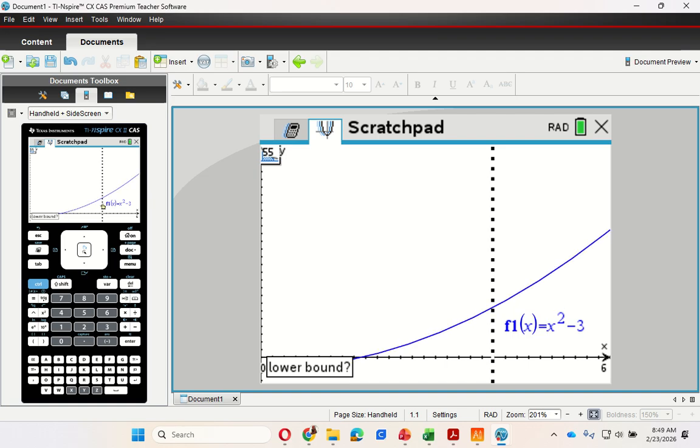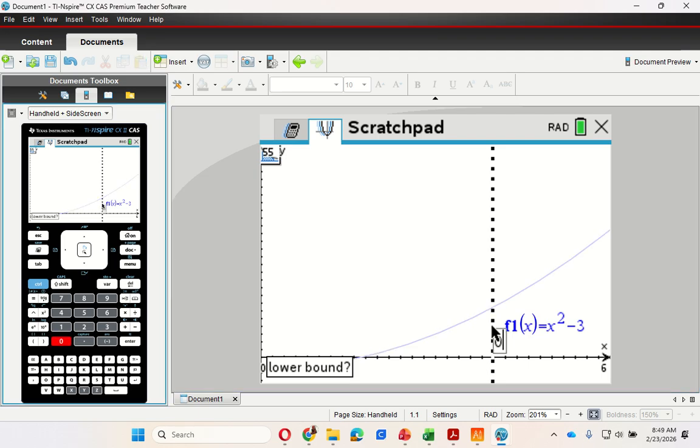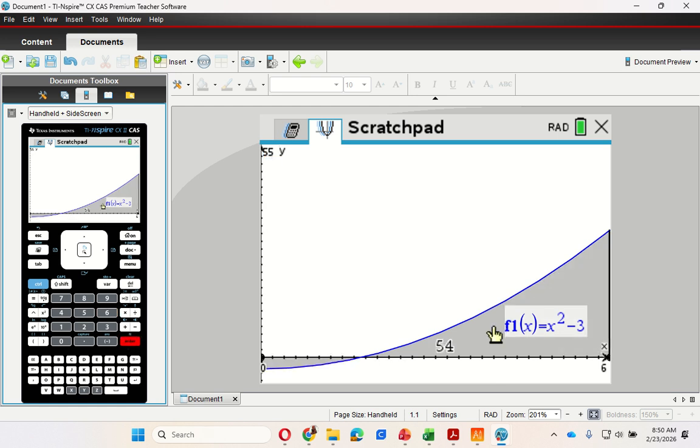Okay? All right, so lower bound. Lower bound is where I'm starting at, which is 0. Enter. And if you notice, it highlights already where the line is for the upper bound. So if you're using the mouse it will actually go different places. But I want it to be exact, so that's why I'm entering my numbers. 6. Enter.